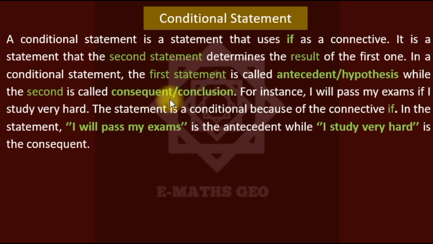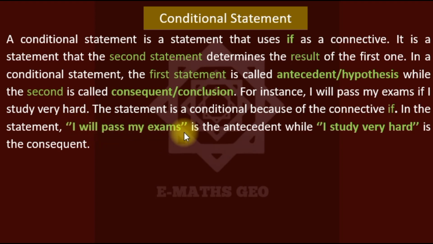For instance, I will pass my exam if I study hard. Do you see? I will pass my exams if I study hard. So we have two statements: I will pass my exams, and I study very hard. The first statement is connected to the second one using if.